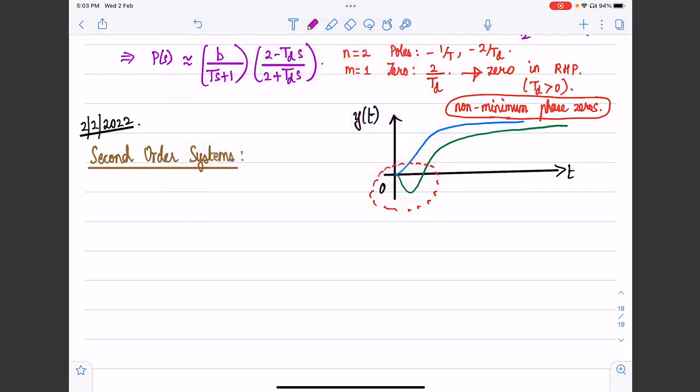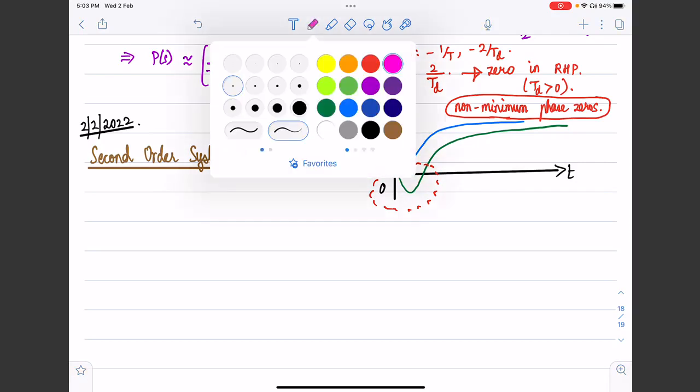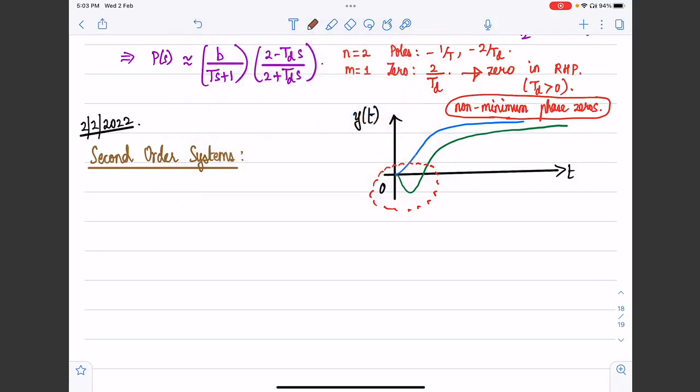Typically, for these second order systems, let me first write down the general governing equation of a second order linear time invariant single input, single output causal dynamic system.